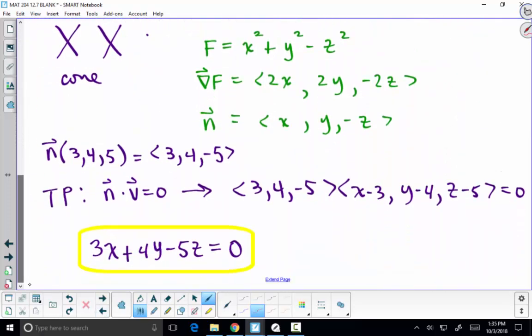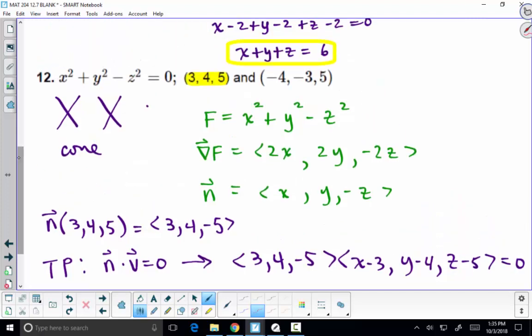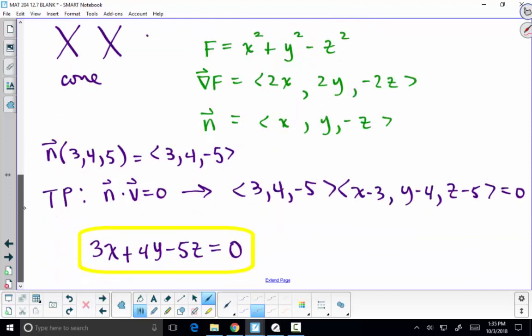We wrote the tangent plane in this general form for both of these. Both of these you could solve for z. There's times, though, that maybe you don't want to, because sometimes we like the general form because you can see the normal vector. Normal vector is 1, 1, 1. That's very convenient.